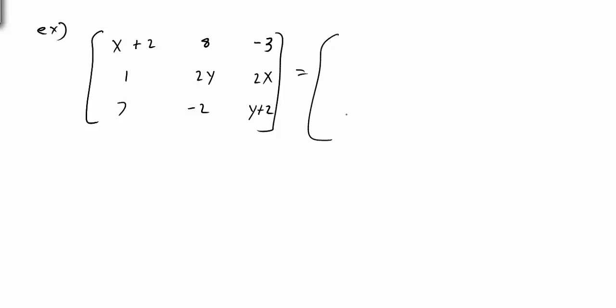If this matrix is equal to this one, which is 2x plus 6, 8, negative 3, 1, 18, negative 8, 7, negative 2, and 11. So here we want to solve for x.